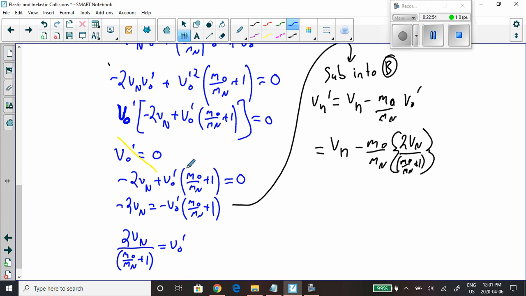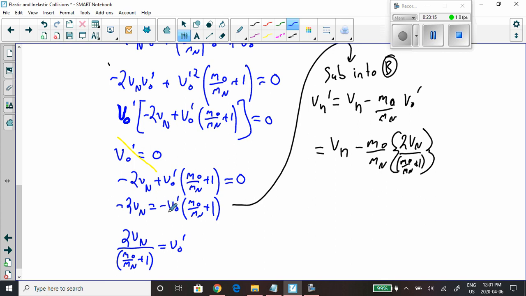So here it is. What's in the bracket is equal to 0. So what I'm now going to do is take this term right here, velocity of oxygen after the collision times what's in the bracket here, and bring this whole thing over to here, and it will become negative. There, it's negative now.